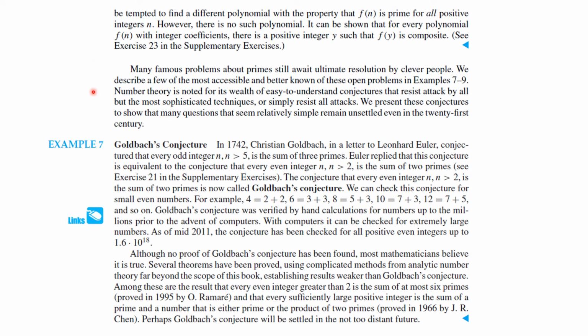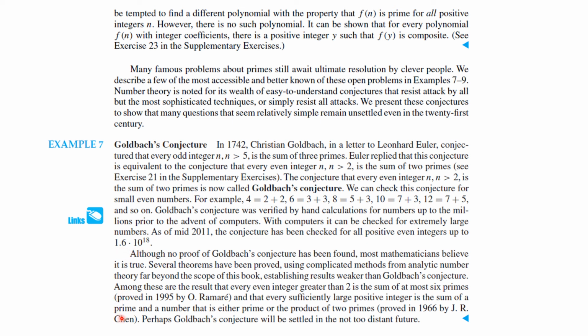And some more famous problems that exist: Goldbach's conjecture. Goldbach's conjecture is that every even integer n greater than 2 is a sum of 2 primes. So for example, 4 is 2 plus 2, 6 is 3 plus 3, 8 is 5 plus 3, 10 is 7 plus 3. Now, Goldbach's conjecture was verified for numbers up to 1 million prior to computers, and with computers, it has been checked up to some very large numbers, 1.6 times 10 to the 18th.